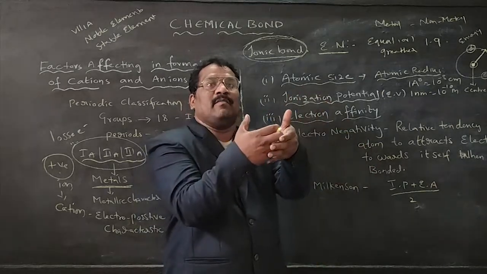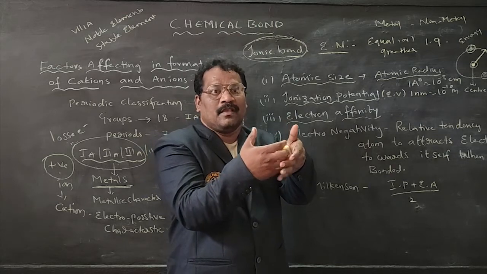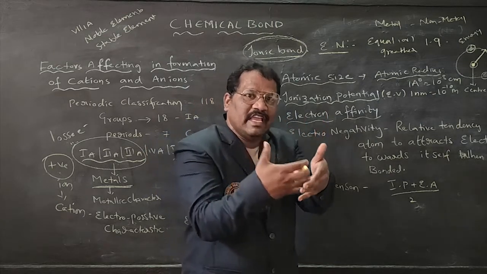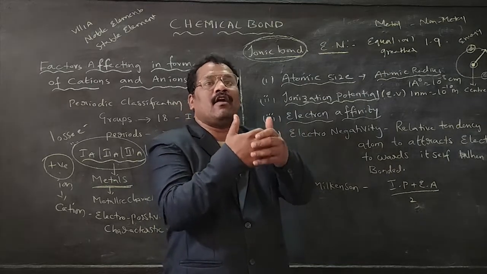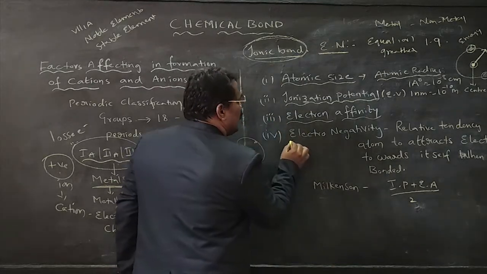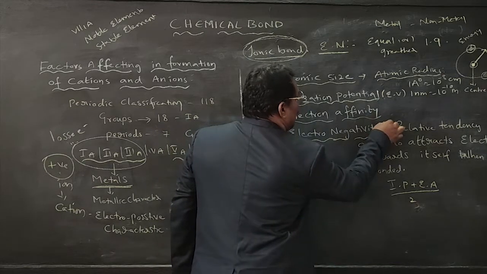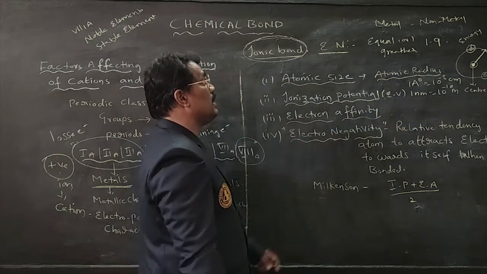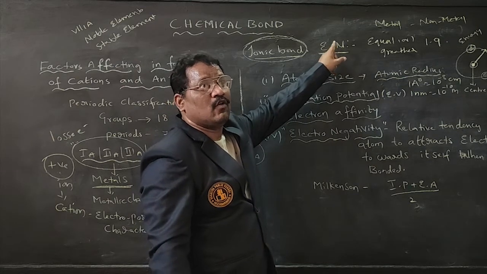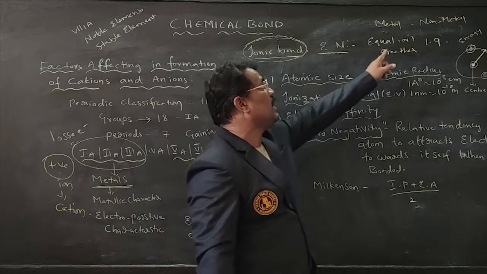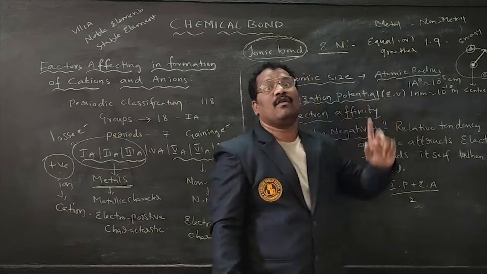These two atoms are coming closer to each other to form an ionic bond, and within that, a role will be played by electronegativity. That's the reason I said here, the electronegativity difference to form an ionic bond must be equal to or greater than 1.9.